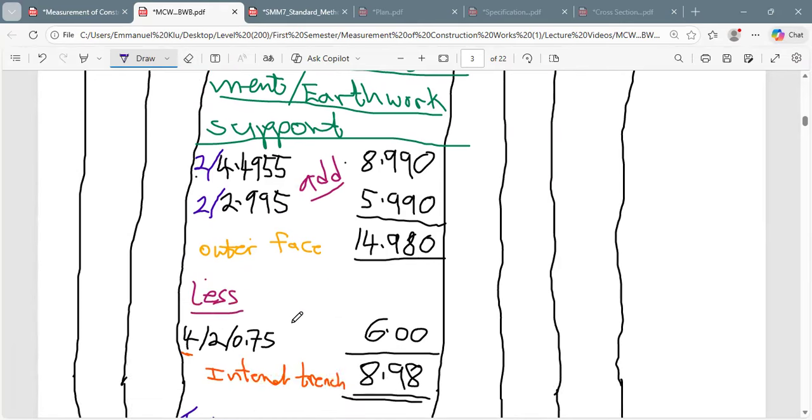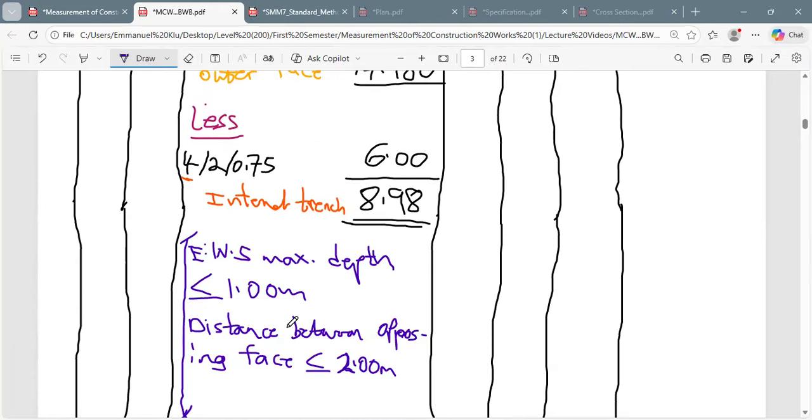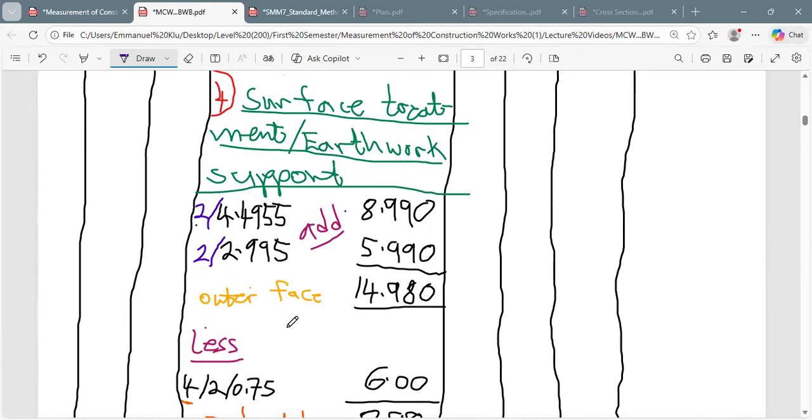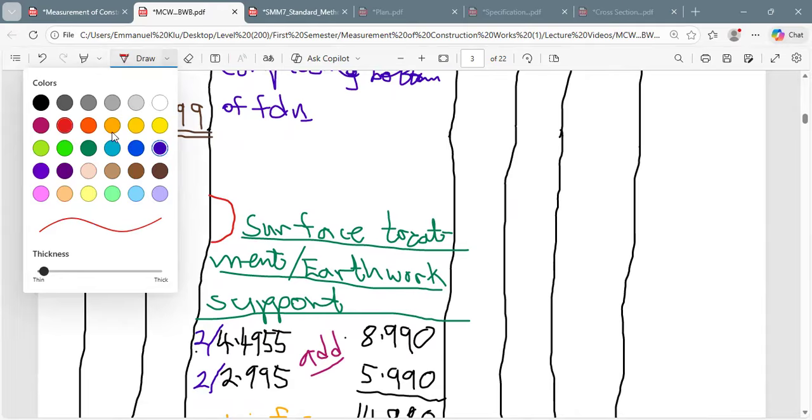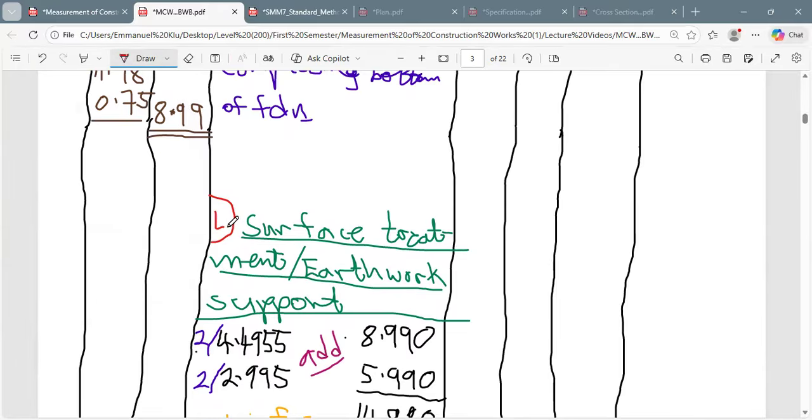The next thing we have to do is move to the fifth one, which is concrete in foundation. I told you concrete is measured in meter cube. But before that, we have to square the dimension for earthwork support.